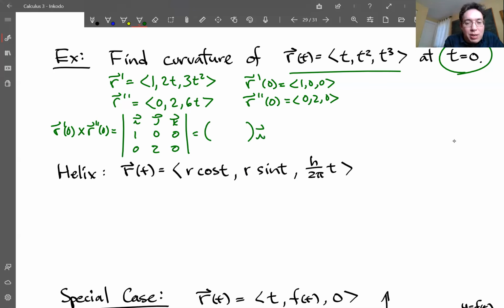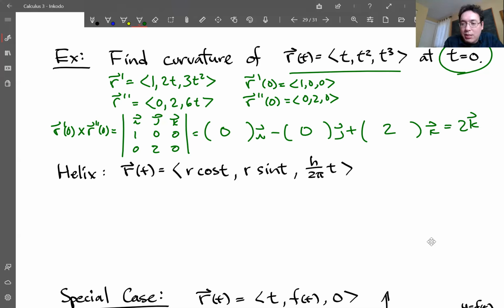So in the i direction, it's going to be 0 minus 0. In the j direction, it'll be 0 minus 0. And in the k direction, we have 1 times 2 minus 0. So we just get 2k.